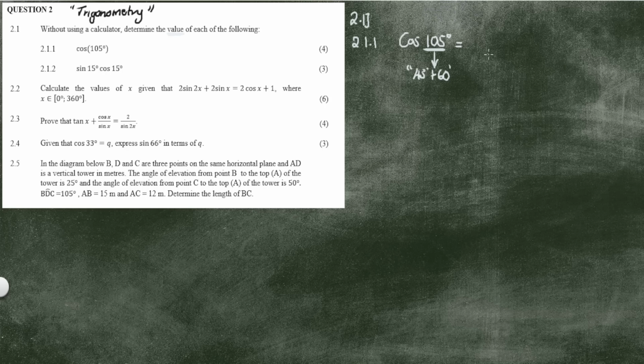So for this particular question, we're going to resolve cos 105 to cos of 45 degrees plus 60 degrees. Let me just confirm one more time: 45 plus 60, 105. Okay. Therefore, this is now a compound angle, cos(45 plus 60).